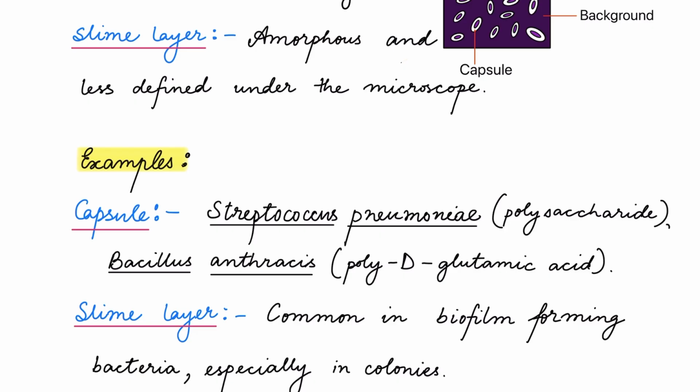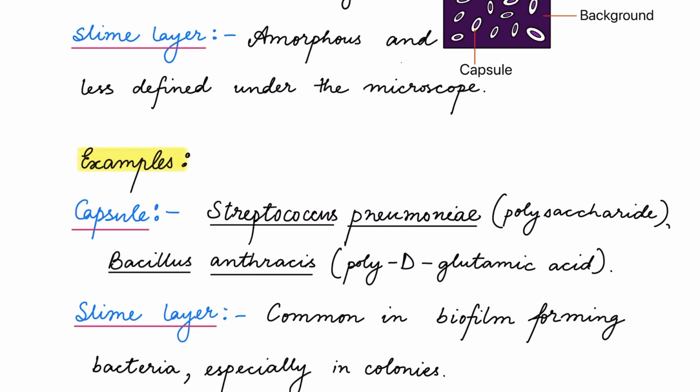Slime layers are commonly seen in biofilm-forming bacteria such as Pseudomonas aeruginosa, where the slime layer helps multiple cells stick together and attach to surfaces, forming a protective microbial community.